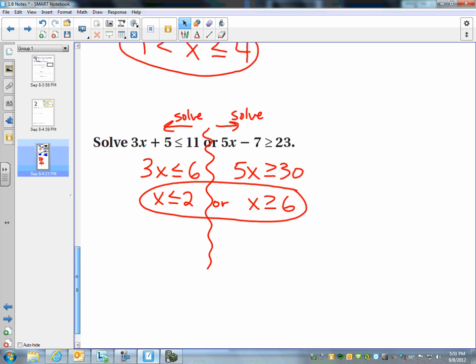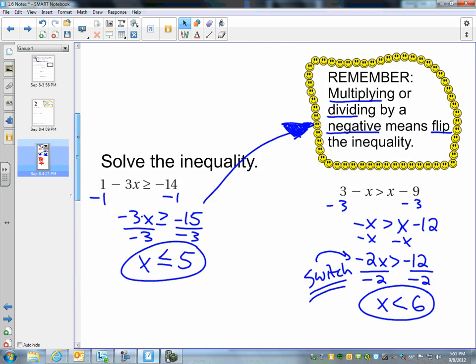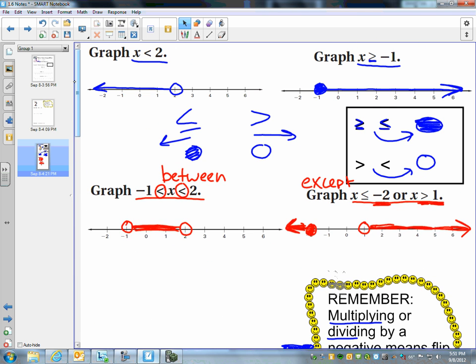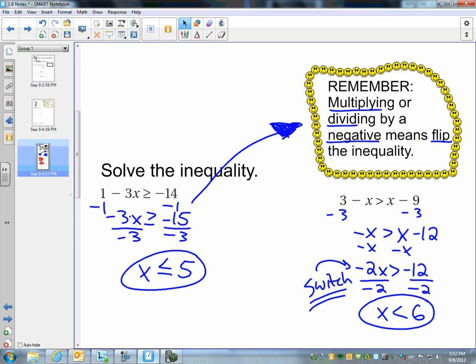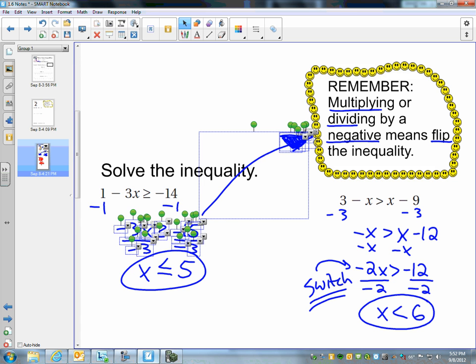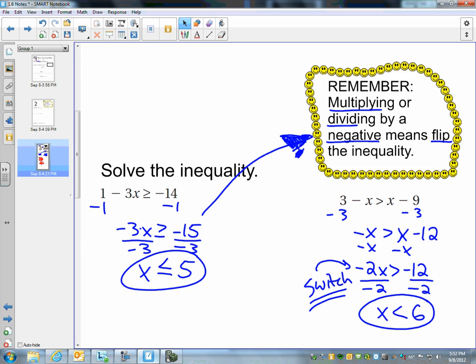So there's 3 main tricks here. When you're graphing, make sure you know about closed circles and open circles. That's the main trick with graphing. If you're dividing or multiplying by a negative, you need to flip the sign.